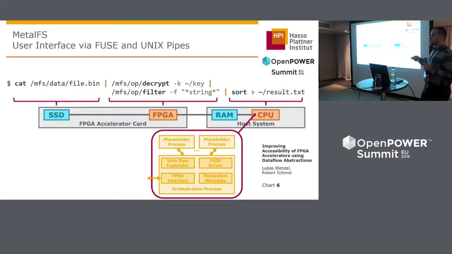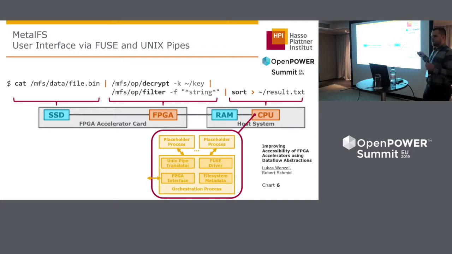So this SSD is the place where you store the data of your files, but the structure, so the file name file.bin and its access permissions, are stored on the host system, because it is not efficient to handle this kind of dynamic metadata on the FPGA card, where it's only interesting to get the raw data streams.